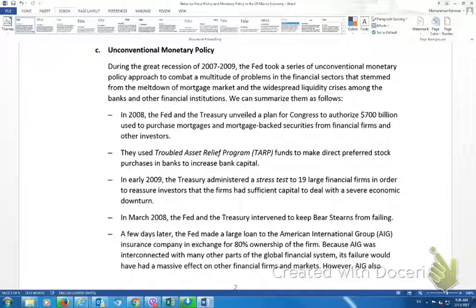Okay, so in addition to that, in 2009, the Treasury administered a stress test to 19 large financial firms in order to reassure investors that the firms had sufficient capital to deal with a severe economic downturn. So they started basically creating a ranking of how these institutions are doing.